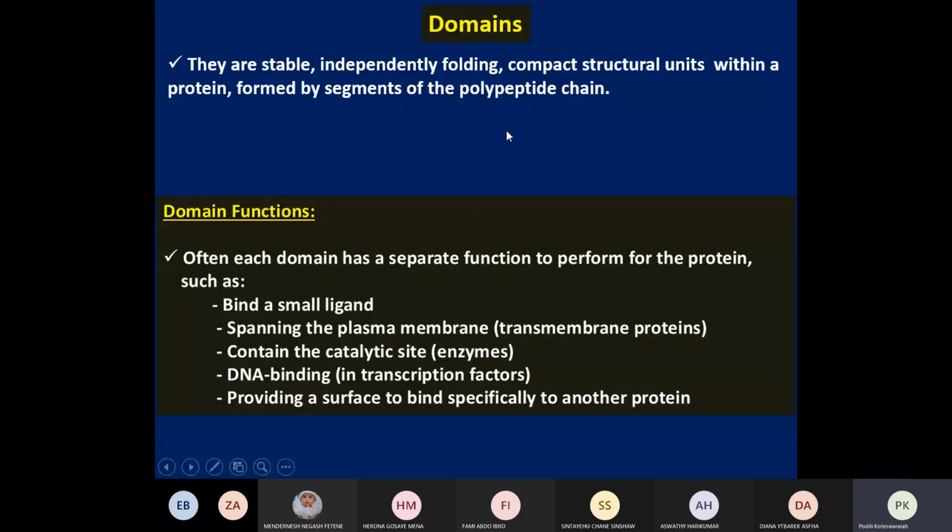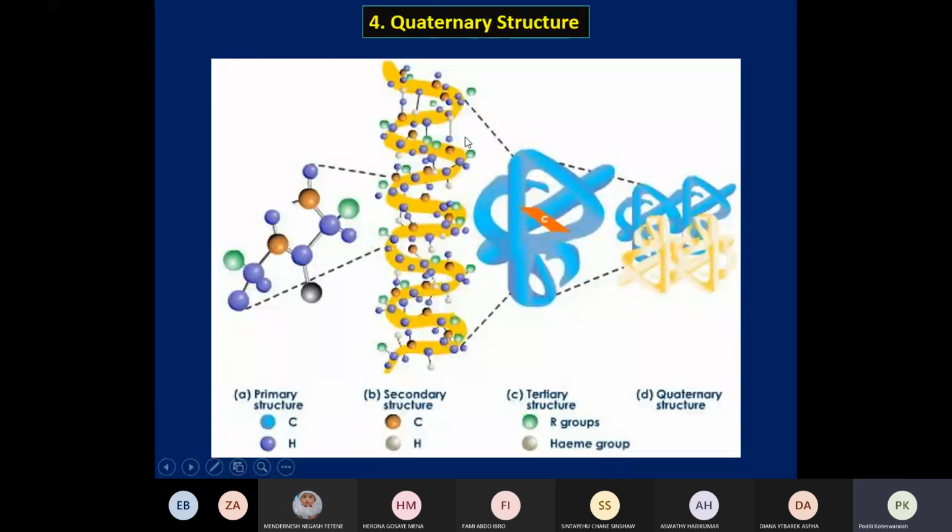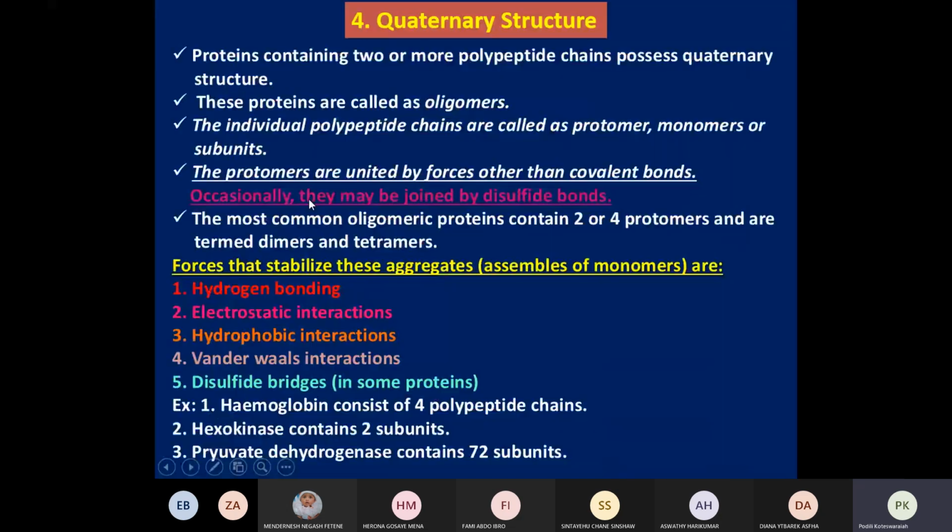A domain is the part of a protein which has its own function. For example, pyruvate kinase has three domains, and each domain has its own function. So this is the three-dimensional structure of the protein.